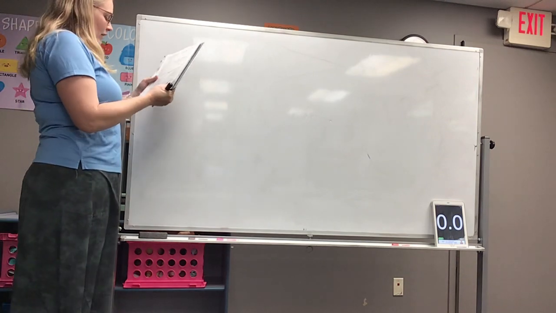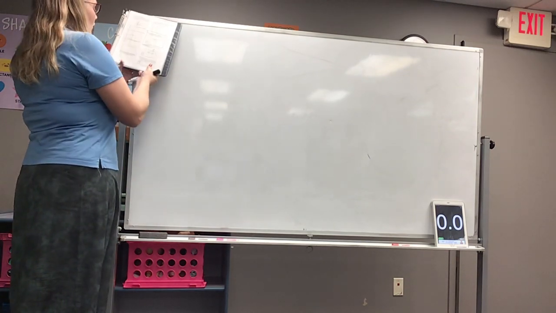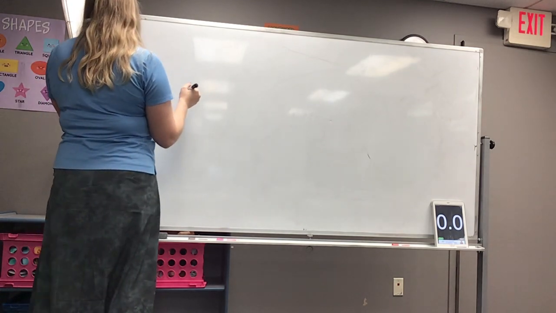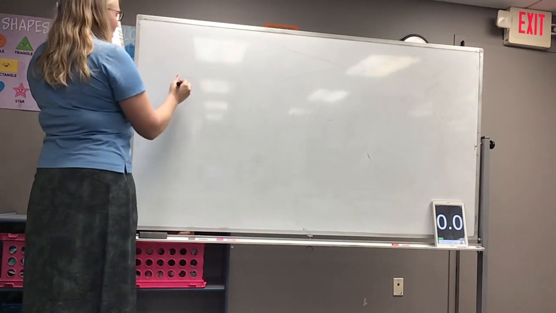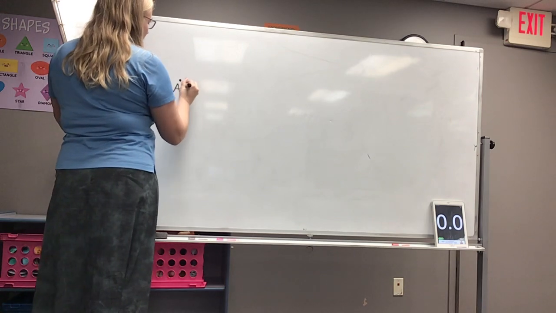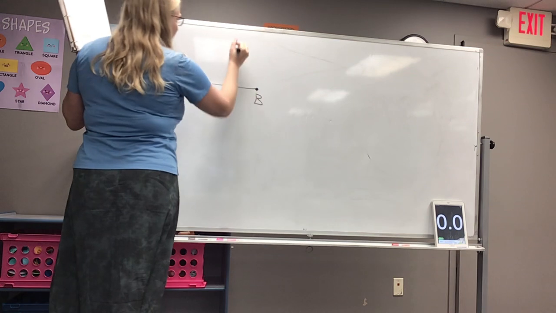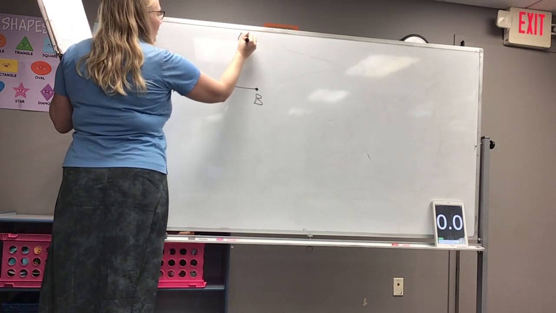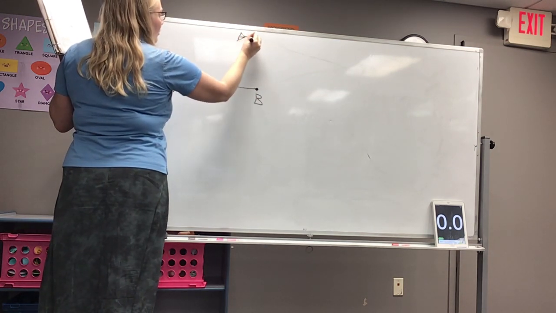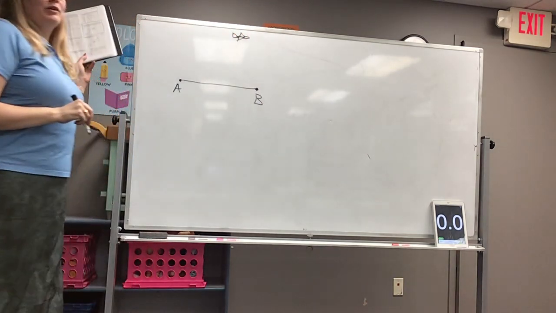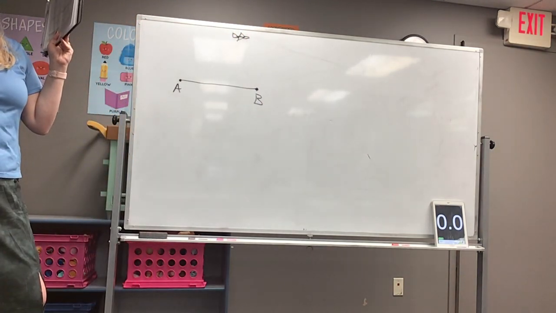So, the final question says, when considering the changing triangle formed by A, B, and the moving airplane C. So we've got point A on the ground, point B on the ground, and there is an airplane. We will not criticize my drawing skills. There's an airplane flying above the ground.